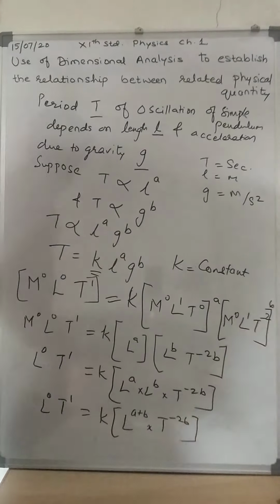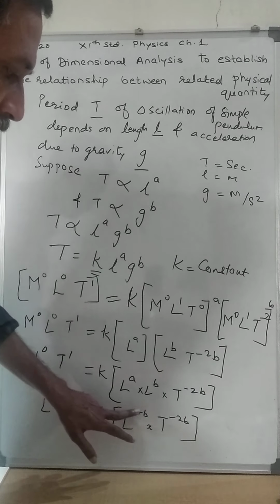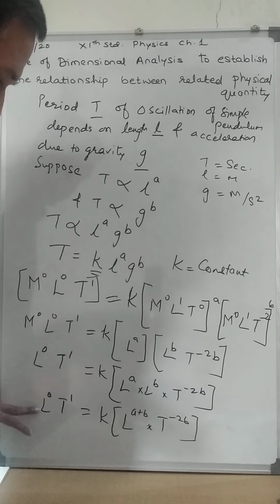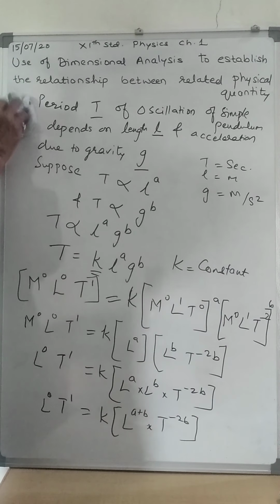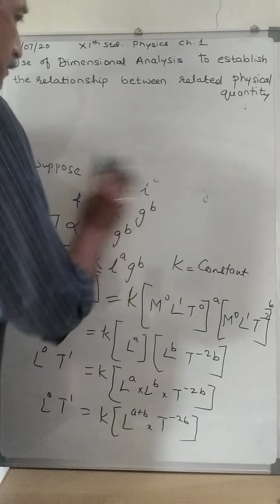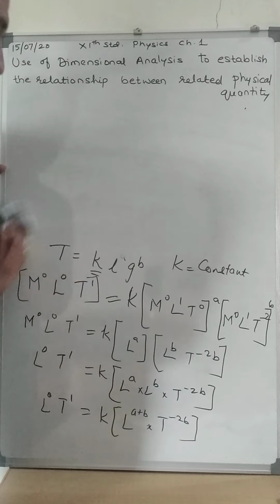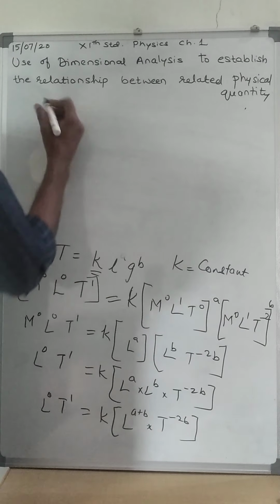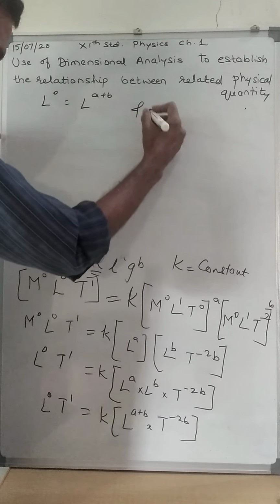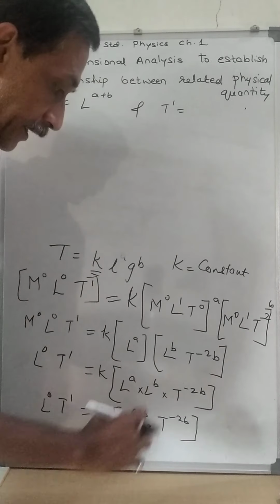Now we equate both the sides. L raised to 0 and L raised to A plus B, base same. So we get 0 is equal to A plus B. And T raised to 1 is equal to T raised to minus 2B.